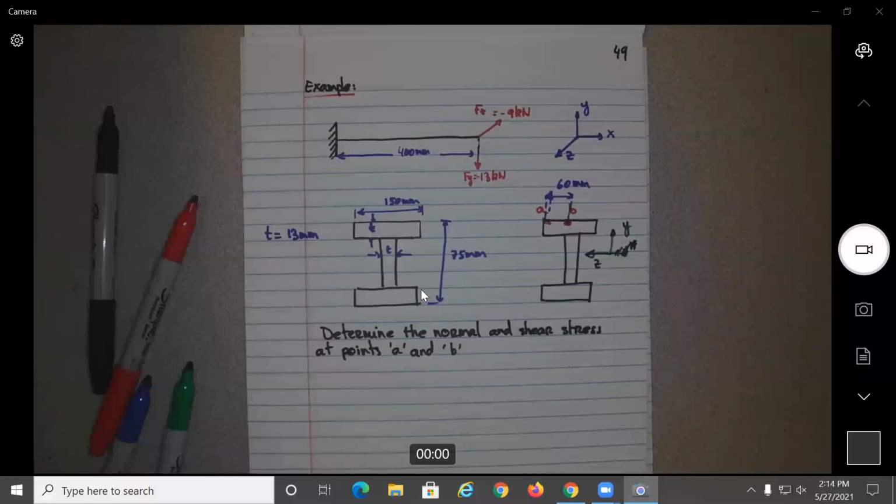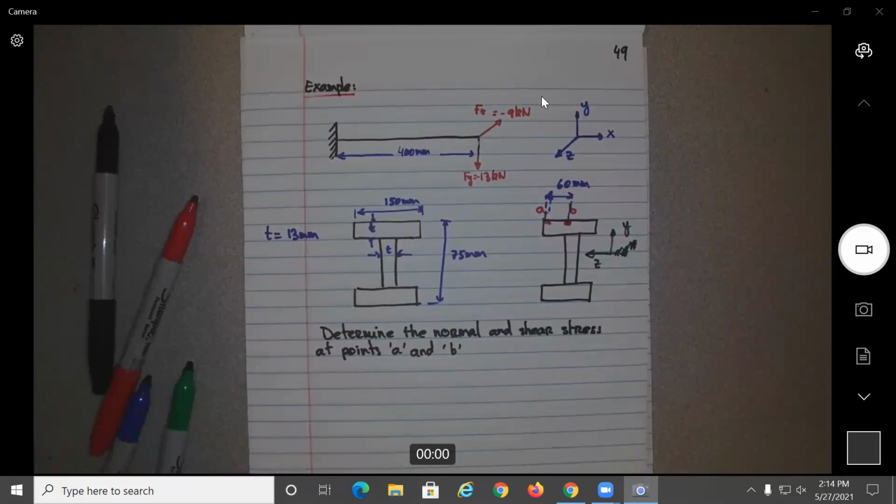Okay, so the strategy in all these problems is that we're going to find first the moment of inertia, and then probably find the normal stresses just due to one of the forces, and then just due to the other one. So we're going to break the problem into this load and then this load, and we'll see what's happening.